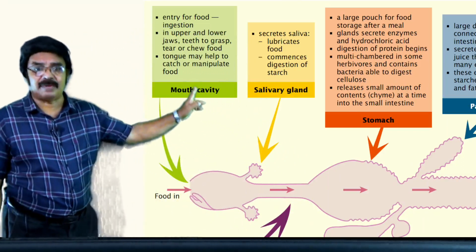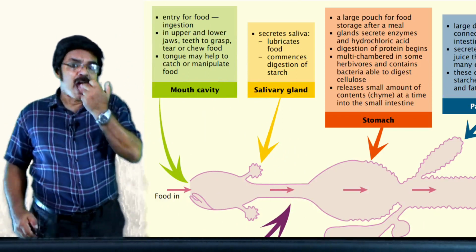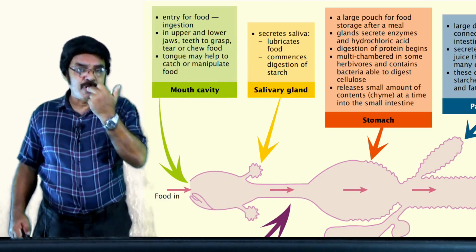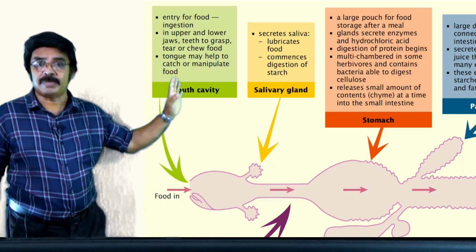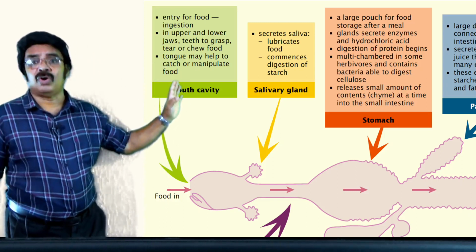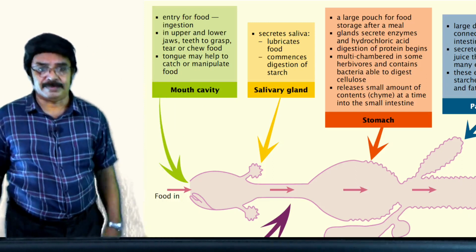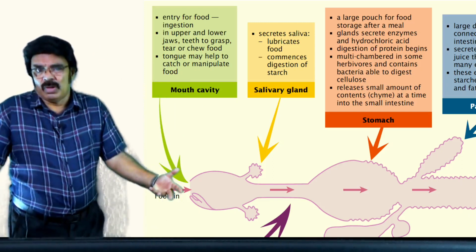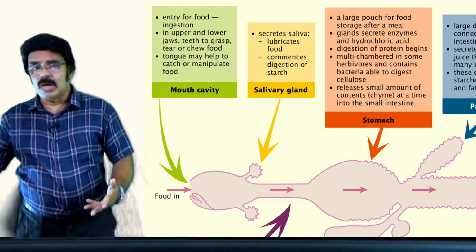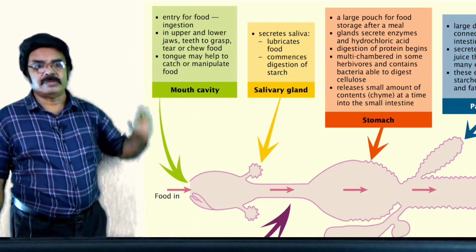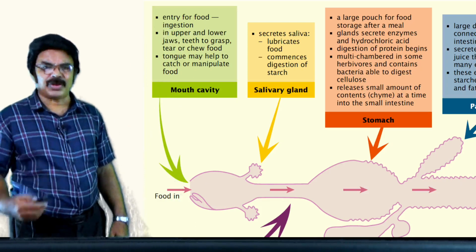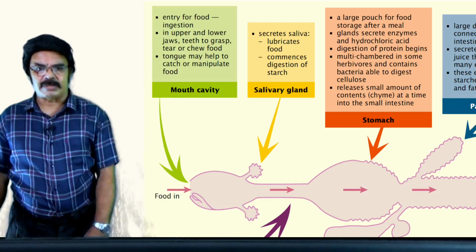First one, the buccal cavity. The buccal cavity is the first part of your digestive system. I'm talking about the general plan, not the human one. This is the vertebrate plan. It is common from fish to mammals. It is the entry for food. You take food into your mouth, that is the mouth cavity.